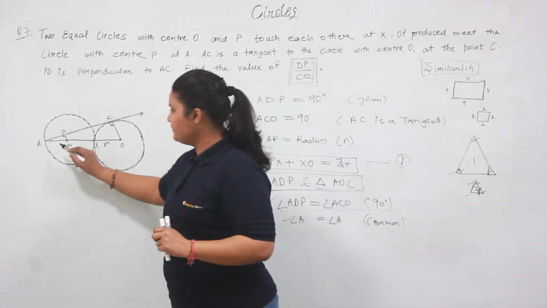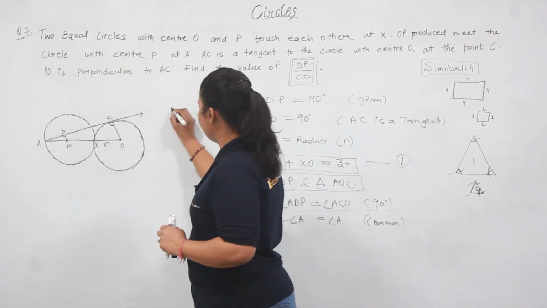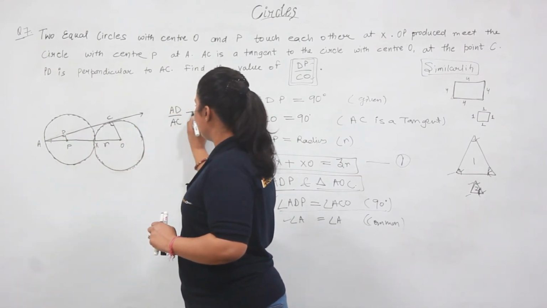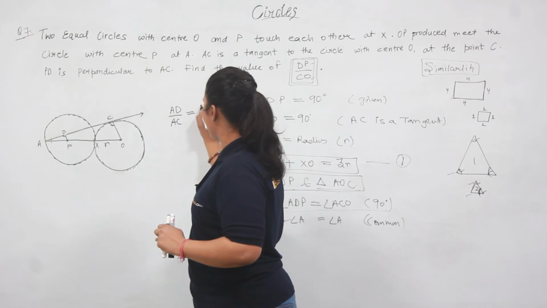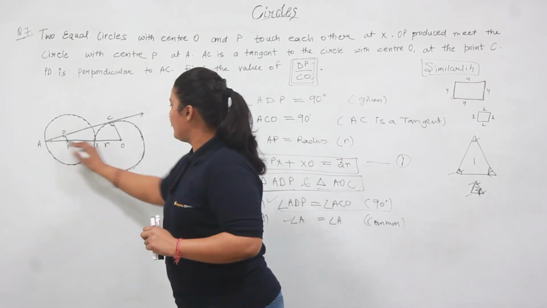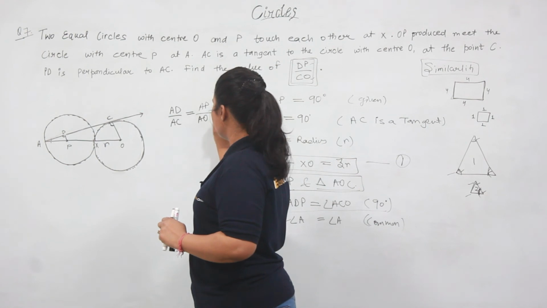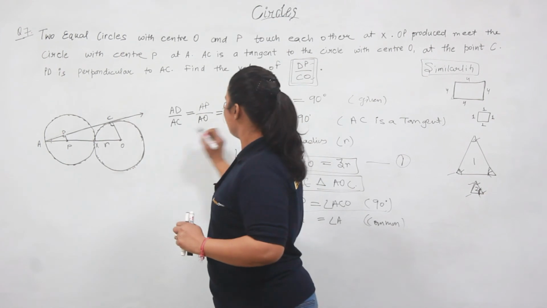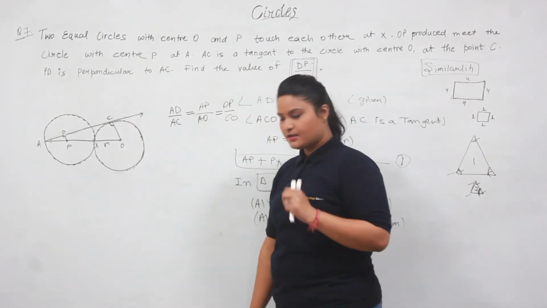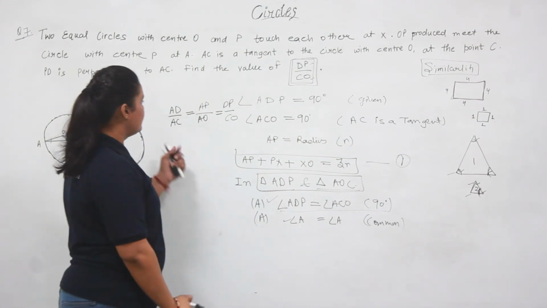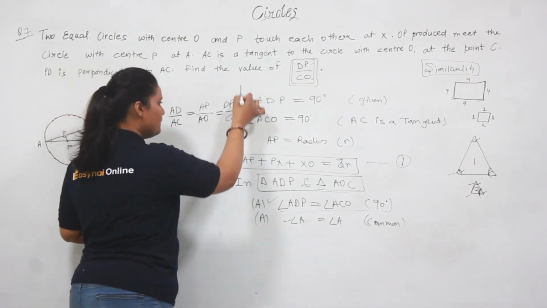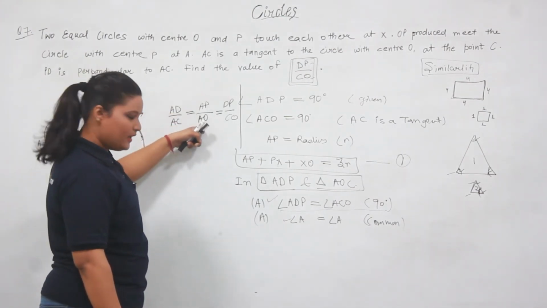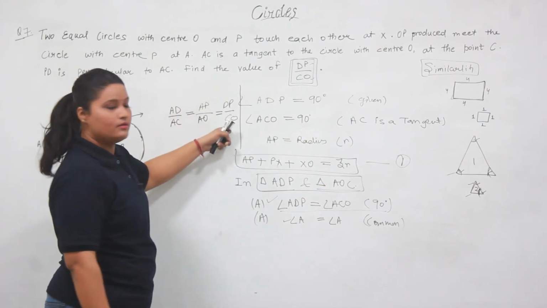It means I can say AD upon AC is equal to AP upon AO and is equal to DP upon CO. Clear? By similarity, the ratio of the sides will be equal. That's why I write AD upon AC is equal to AP upon AO and DP upon CO.